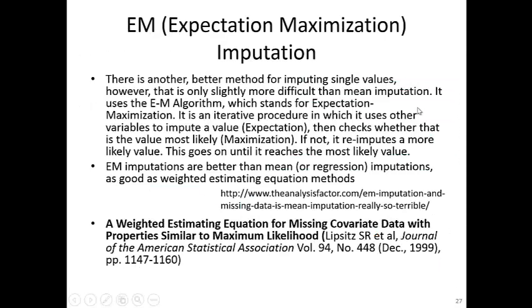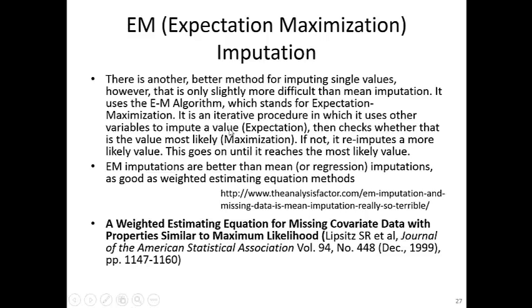Another method for imputation is called the EM method. This method utilizes a mathematical technique called expectation maximization. It is similar to the regression method in that it utilizes other variables to impute missing values. But the advantage of the EM method over the regression method is this iteration process.